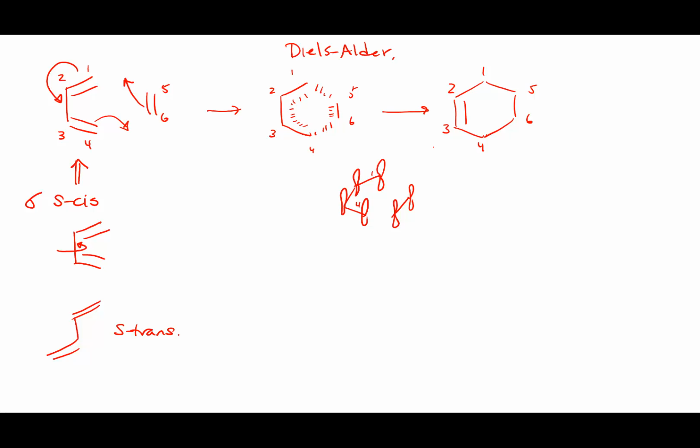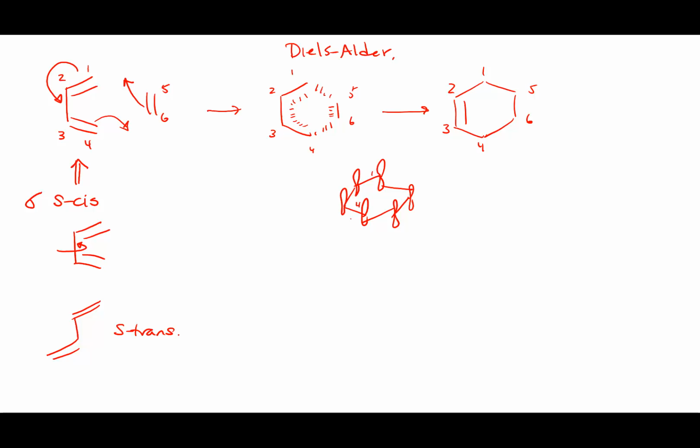So if it's S-cis, it's easy to overlap those sets of orbitals because the spacing is just perfect. If it's S-trans, the 2 end carbons are too far away. There's too much space and it won't fit the double bond perfectly.